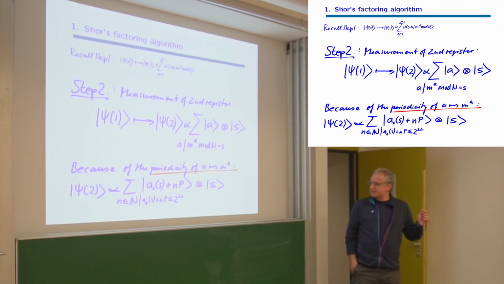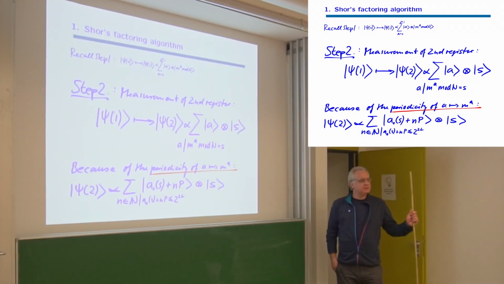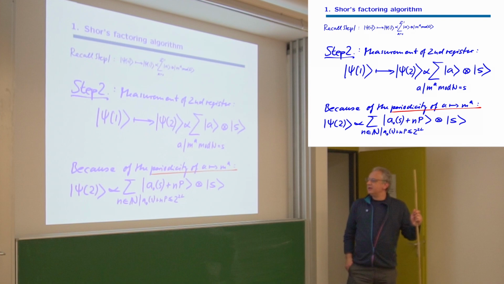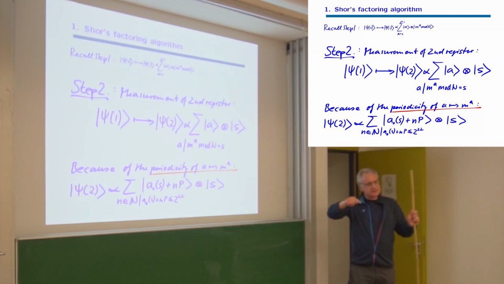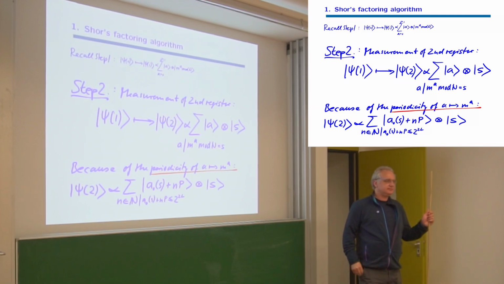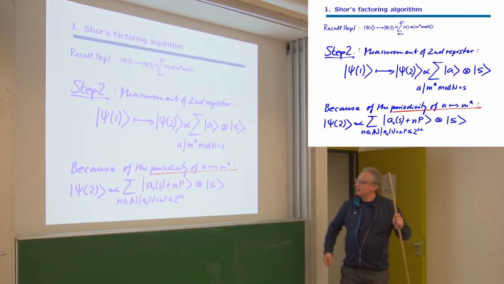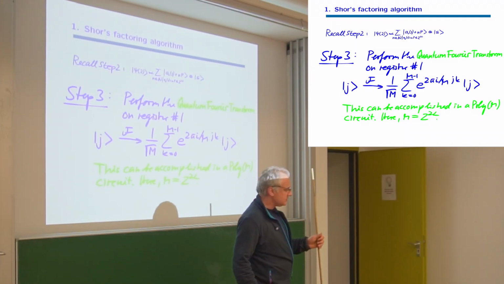Now what's going to happen if we do the Fourier transform is that the horizontal offset will translate into what? Into a phase. Good. Let's talk about that. So that's step 3.